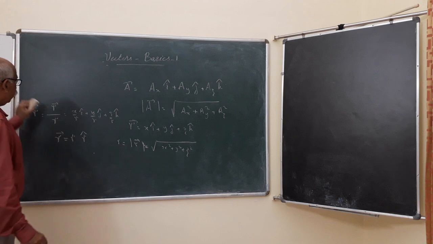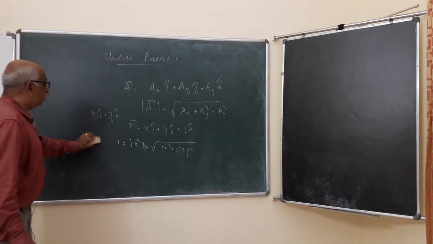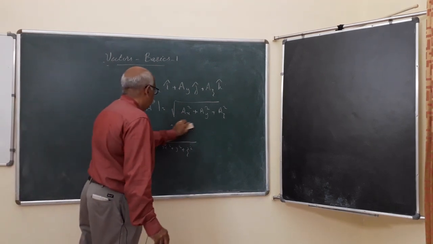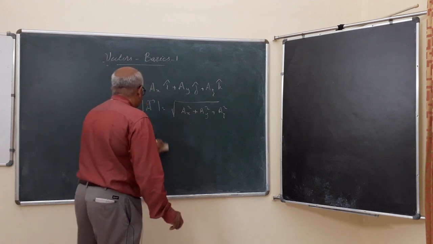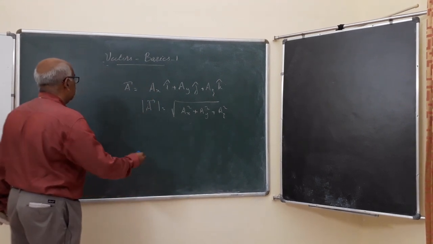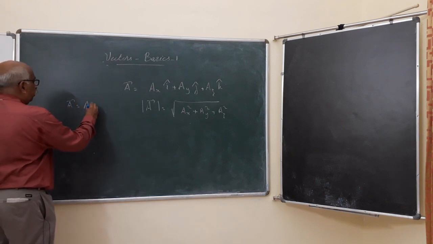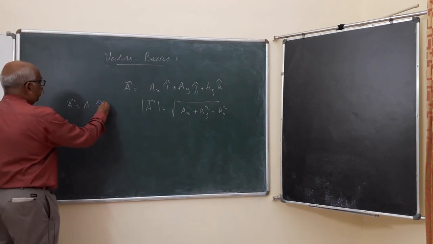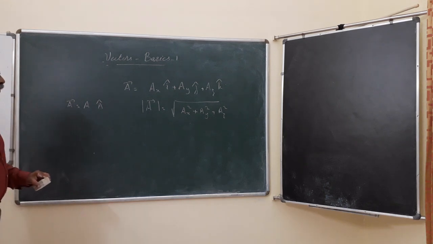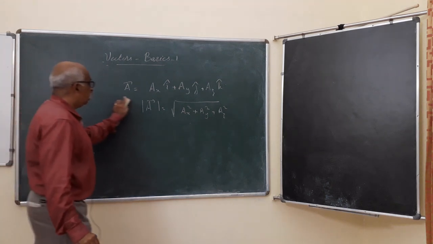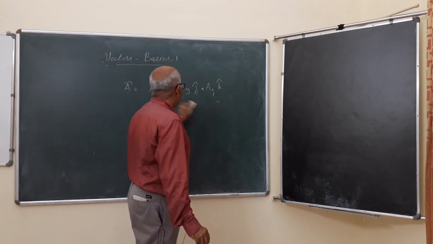In a similar way, for the general vector a unit vector can be introduced. That is, vector A can be represented as magnitude of vector A times a unit vector in the direction of A. Now let us consider vector addition.